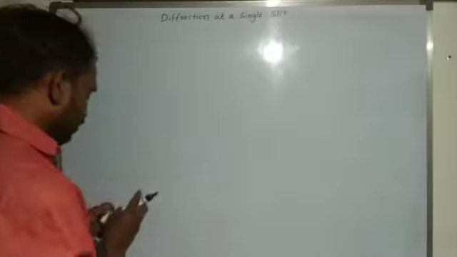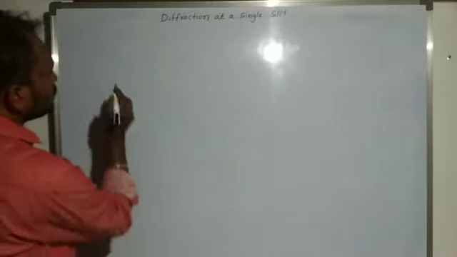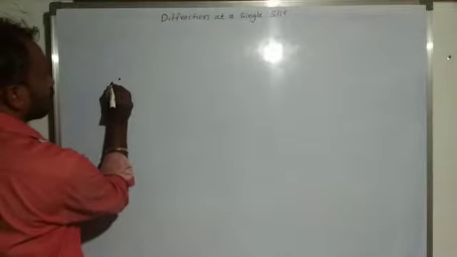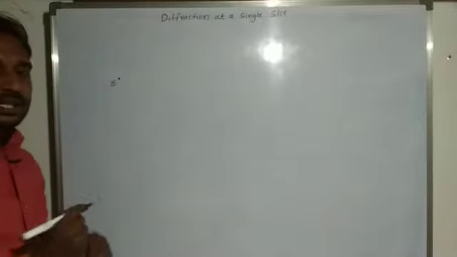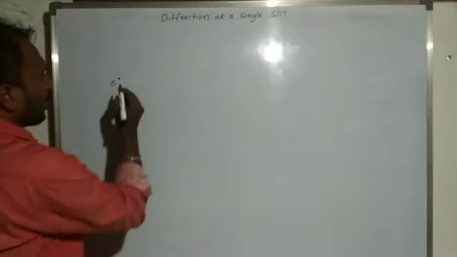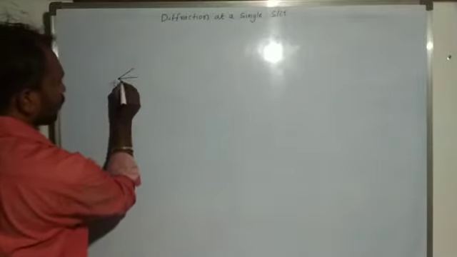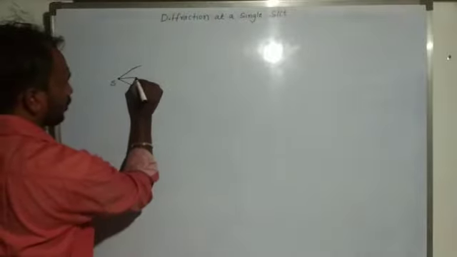Here, first we consider that this is a source. We consider that S is a source, and this source emits light rays in all directions.